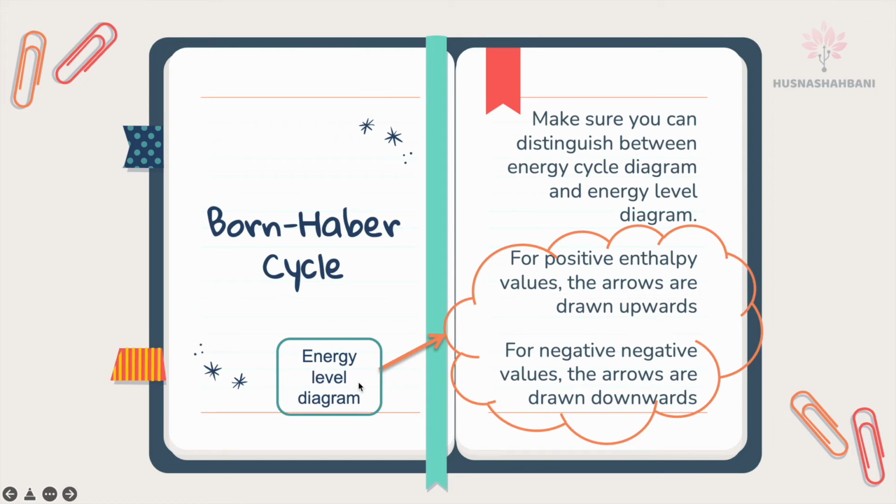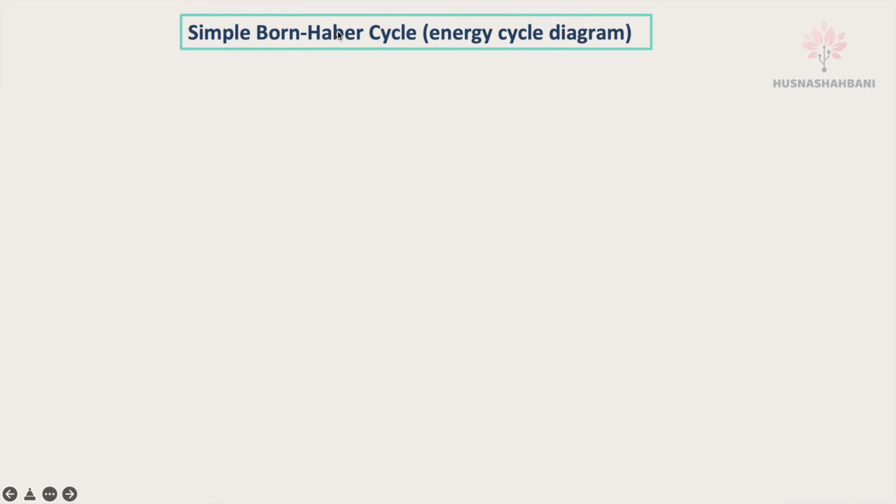In energy level diagram, because we have the mixture of positive and negative enthalpy, the positive enthalpy arrow must be drawn pointing upwards, and for negative values, the arrows are drawn downwards. So this is the Born-Haber cycle for energy cycle diagram, just cycle diagram.